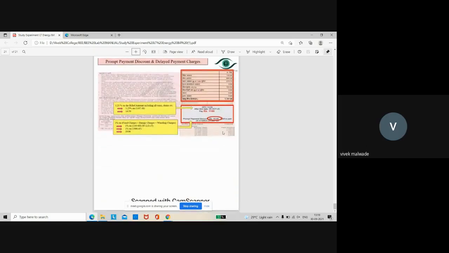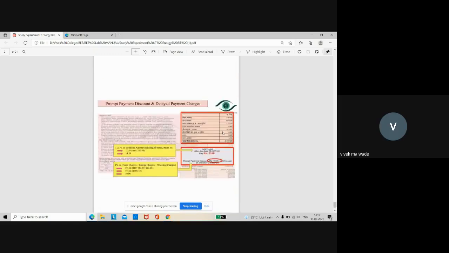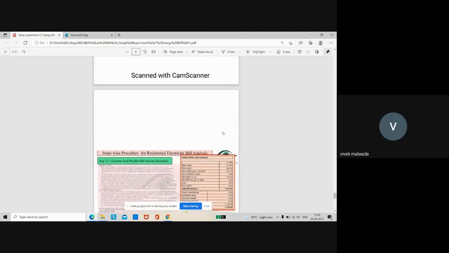This was all about study of LT electricity bill. Okay. So this is the factor which you should know as an engineer. I am talking as an engineer, not a mechanical engineer, IT engineer.